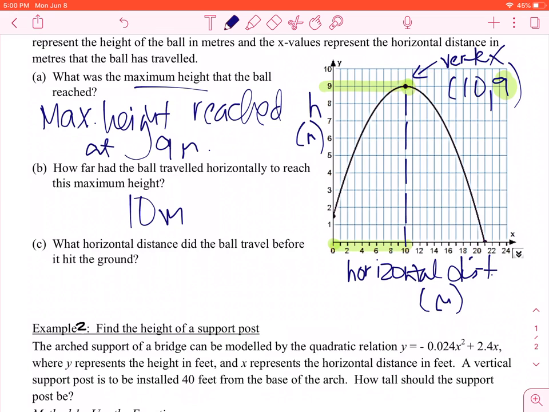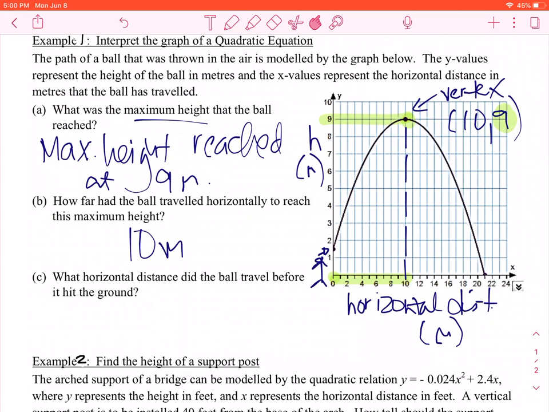Then we want to figure out what horizontal distance the ball traveled before it hit the ground. If we consider the y-intercept, which is about 1.5, we can think there was a person about 1.5 meters in height. They take a ball, throw it into the air, it reaches a max, and then eventually falls back to ground level.